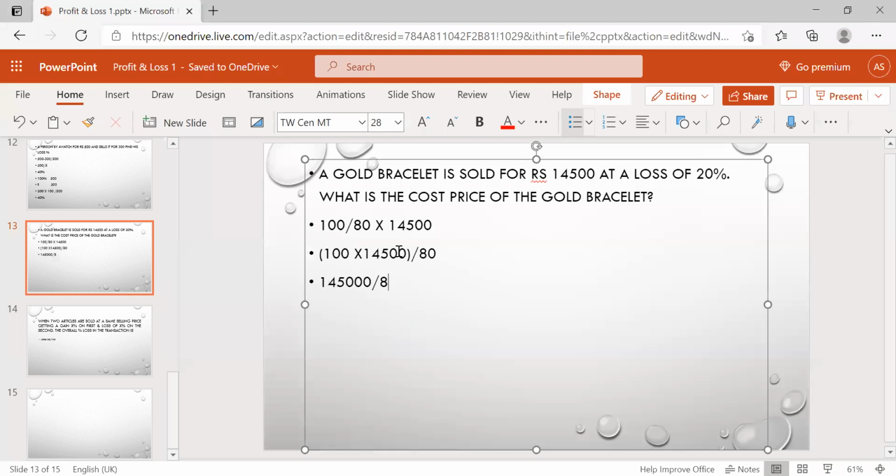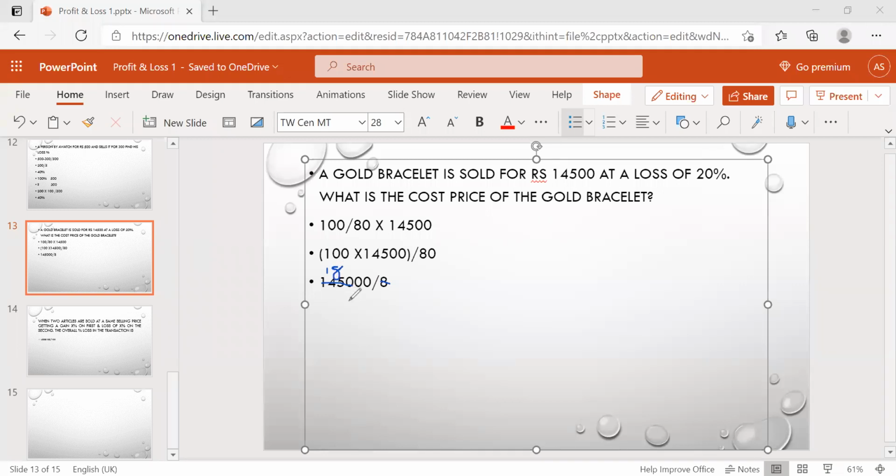Now cancel this by 8. 8 ones are 8, 8 fives... 8 twos, 16, 8 sevens, 8 eights only, right? 18 eights, 144.